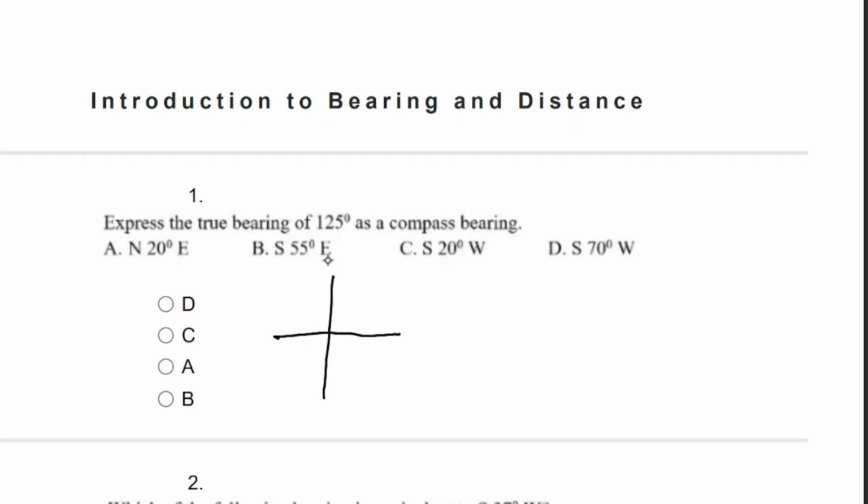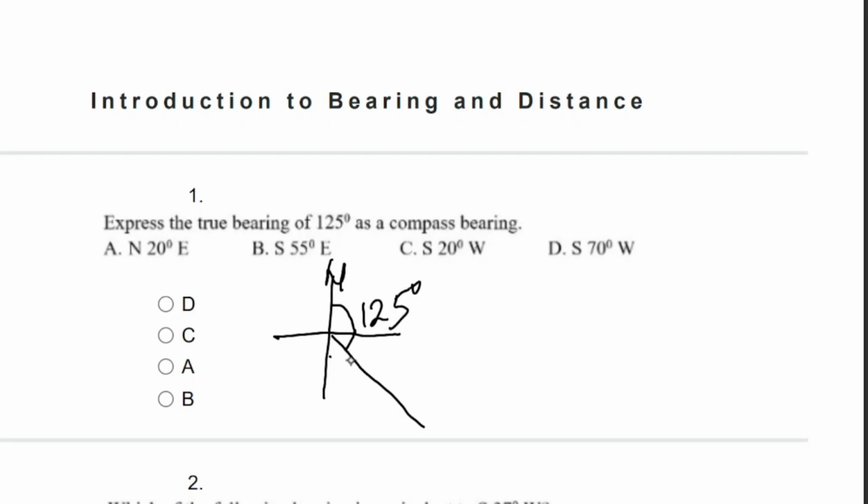In 3-digit bearing, don't forget that we always start from the North Pole and move clockwise. From the North Pole to this place is 90 degrees, then to the other side is 180. So this is 125 degrees here.